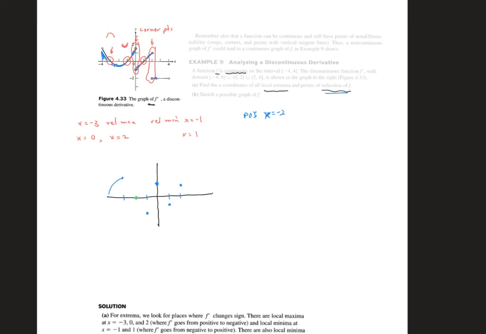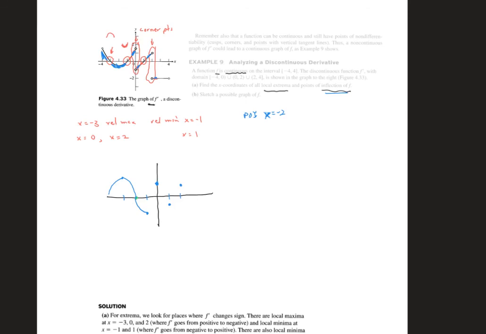Then the derivative is switching to negative, so it's going to be decreasing. The derivative is decreasing, so it remains concave down until we get to this point here at negative 2. So at negative 2, the derivative is below the x-axis, it's a negative derivative, which means we're decreasing, but it's an increasing derivative, which means we've changed to concave up until we get to negative 1.